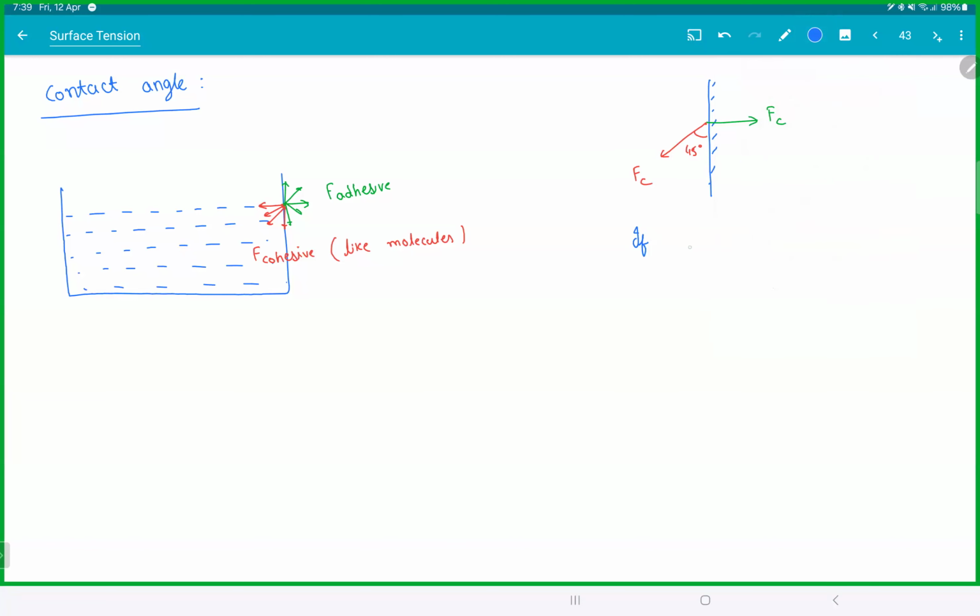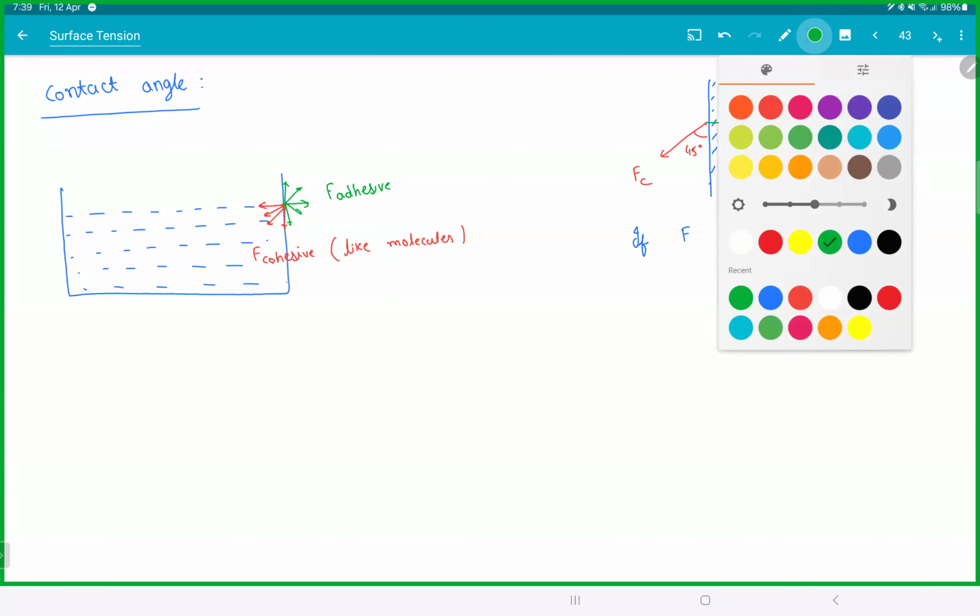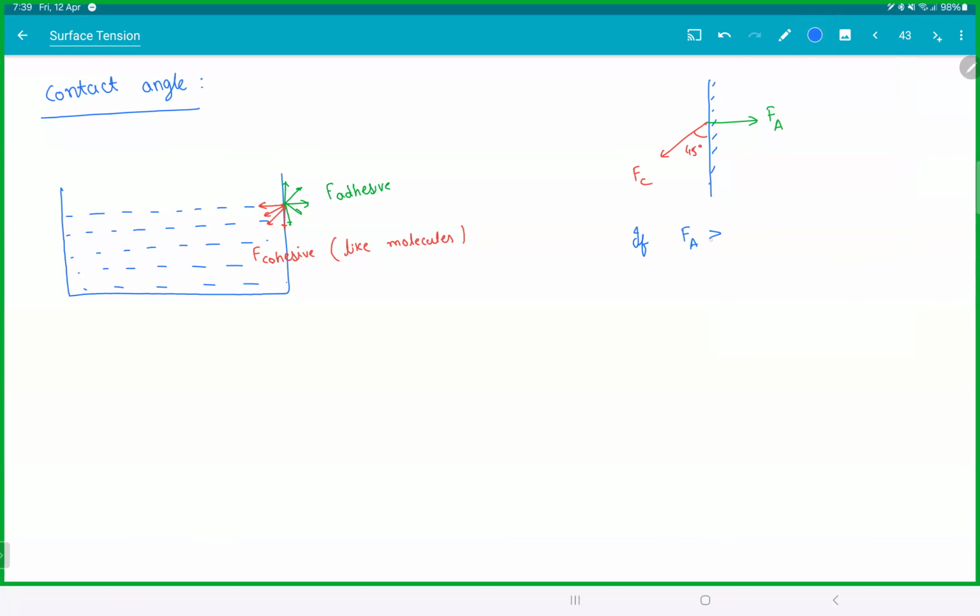If F adhesive is greater than F cohesive cos 45, these are called wetting substances. And you will notice the liquid actually starts climbing the surface. This is how you would see. The liquid actually climbs up.